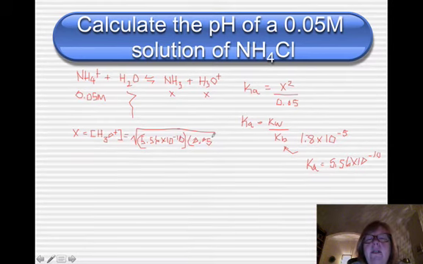And when I do this, I come up with a hydronium ion concentration of 5.27 times 10 to the negative 6.